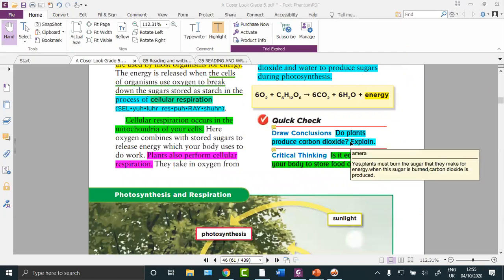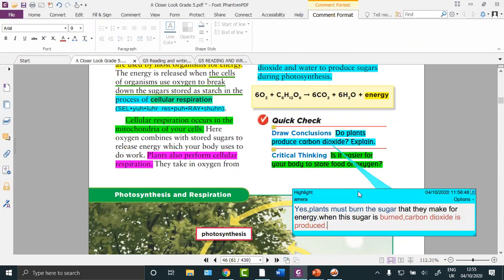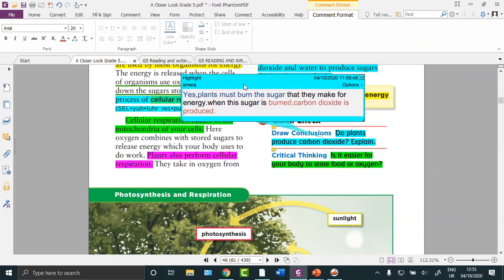Yes, plants must burn the sugar that they make for energy. When this sugar is burned, carbon dioxide is produced. Thank you so much. Lower your hand.